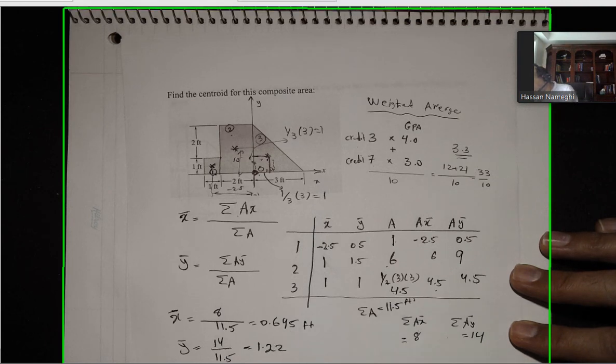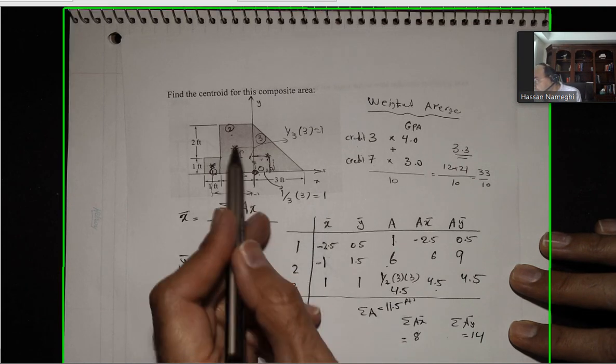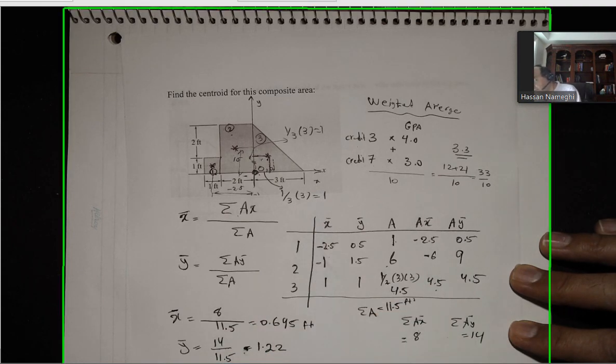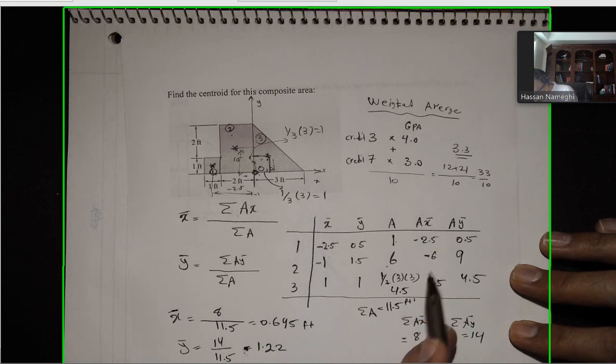I have doubt on this. The reason is that I forgot to put the negative here, right? The x location for this triangle was -1. That will make this -6, right? And that will make this a 2. So 8.5 minus 4.5 will be just minus 4.